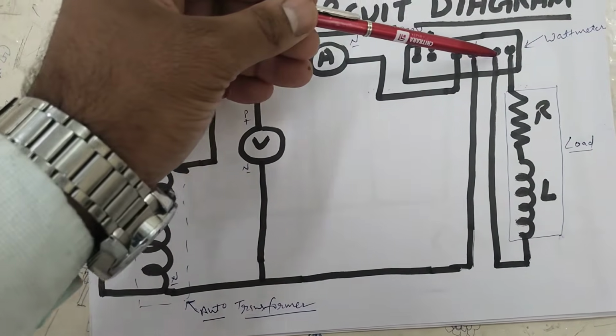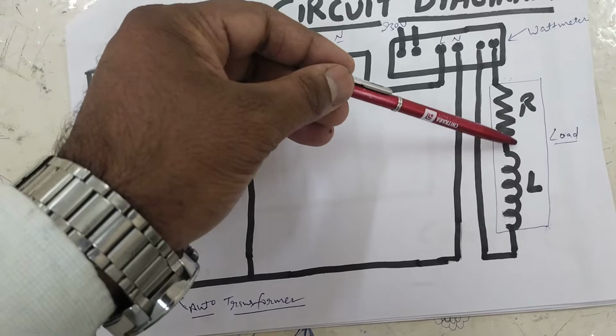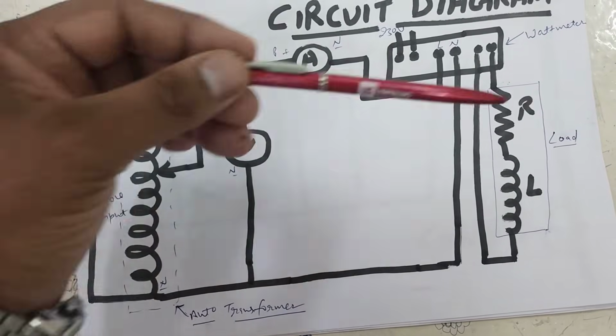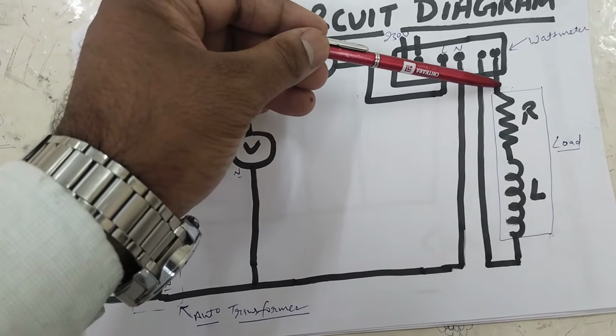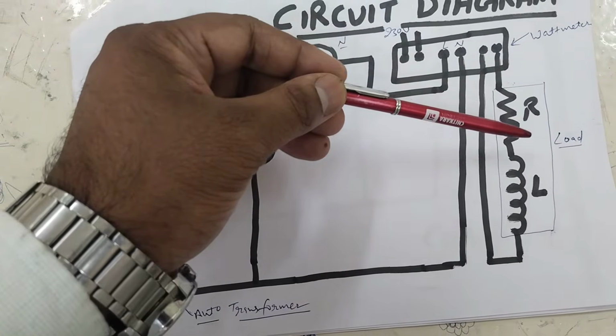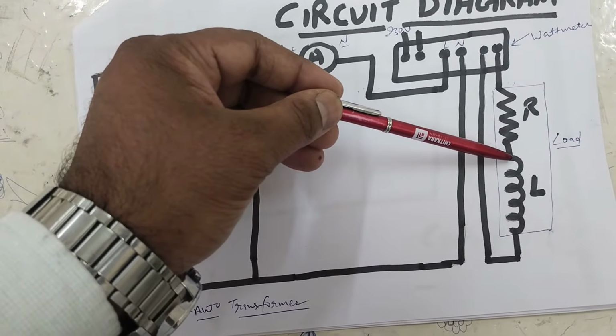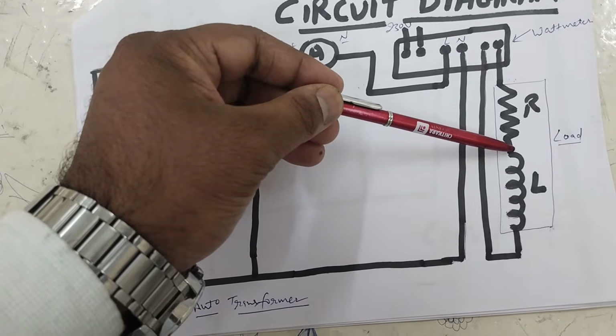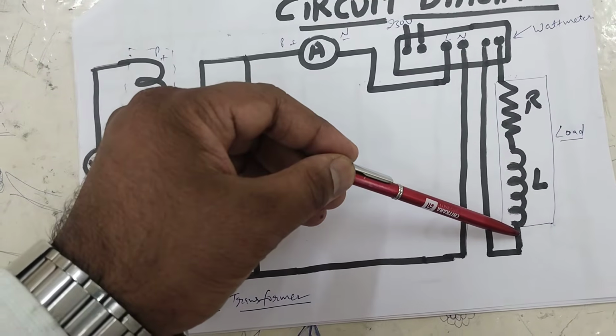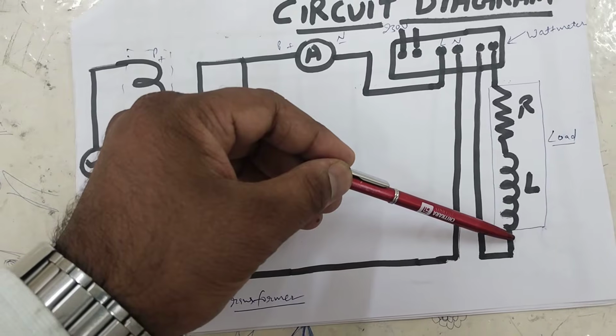The same thing we do for the resistive load and the inductive load. This is the phase terminal of the resistive load and this is the neutral terminal of the resistive load. The starting terminal of the resistive load is the phase terminal, and the end terminal of the inductive load is the neutral terminal.